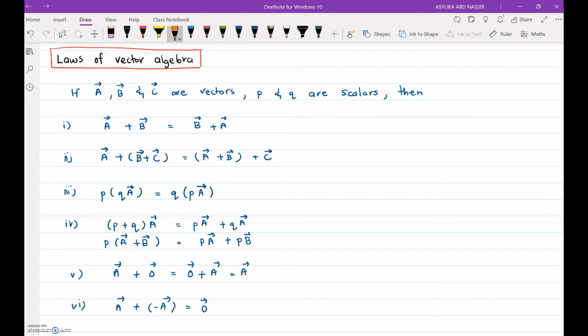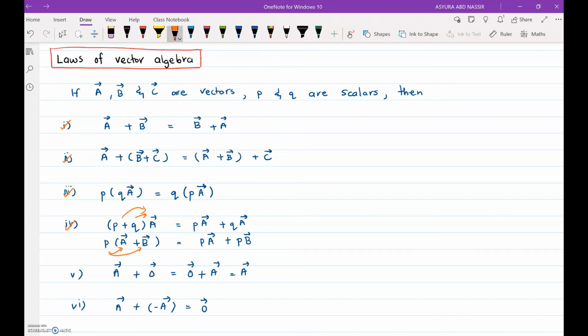The first one: vector A plus vector B will be equal to vector B plus vector A. The second one: vector A plus vector B plus vector C, you can also solve first for vectors A and B and then add vector C. Number 3: P times Q times vector A equals Q times P times vector A, since P and Q are numbers or scalars. Number 4: P plus Q times A will be PA plus QA, so you just expand as usual. Or if you have P times A plus B, you will expand as PA plus PB. So you just expand as usual.